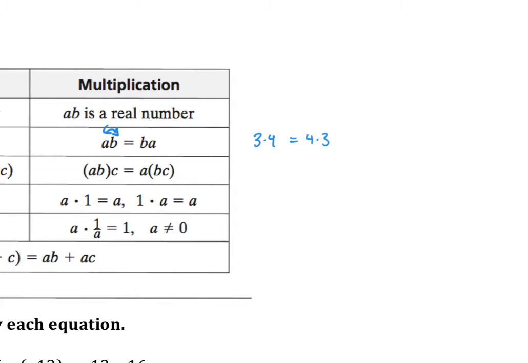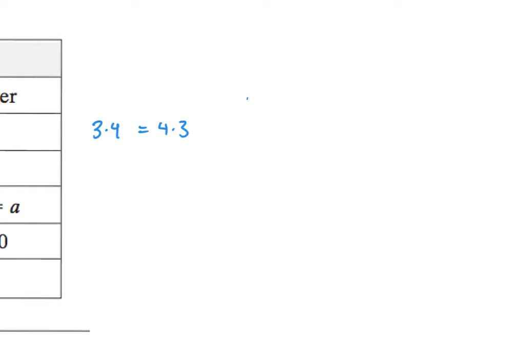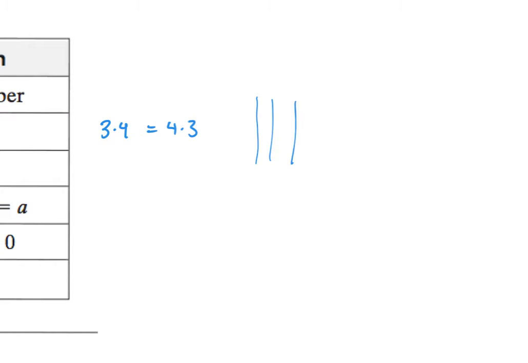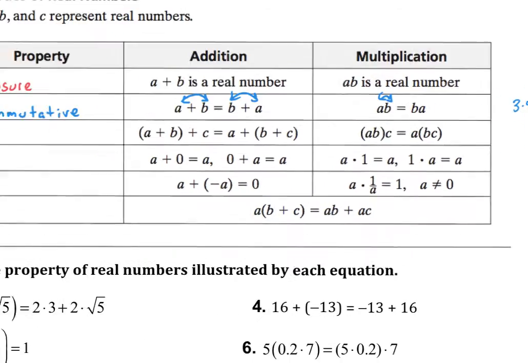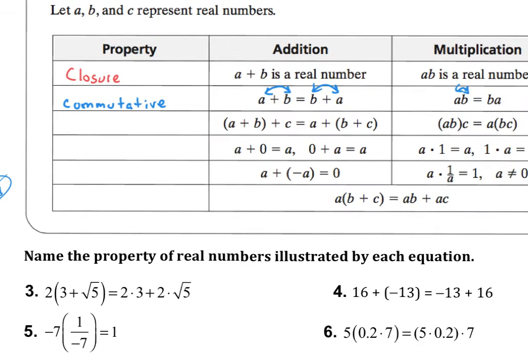Now, we're not saying practically it's the same thing, because 3 rows of 4 versus 4 rows of 3 are different scenarios, but we end up getting 12 no matter what. So the value, not necessarily the concept behind it. That's called the commutative property.